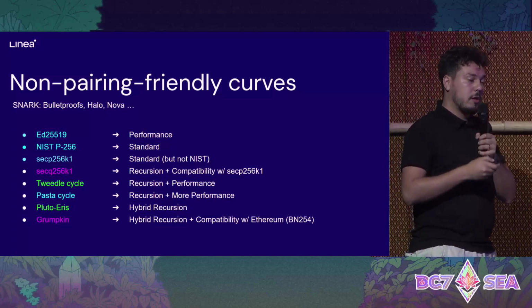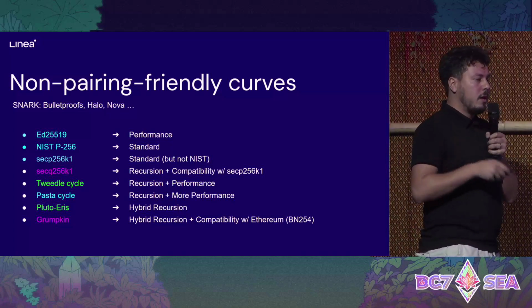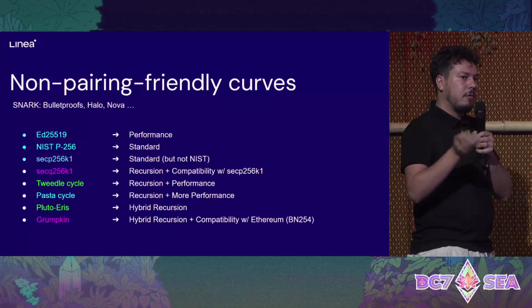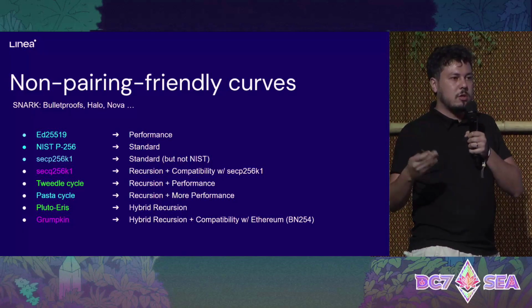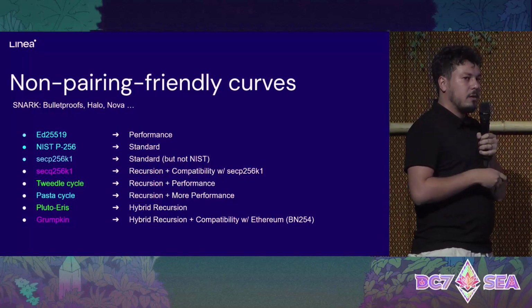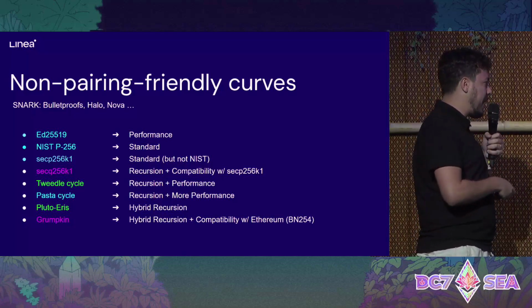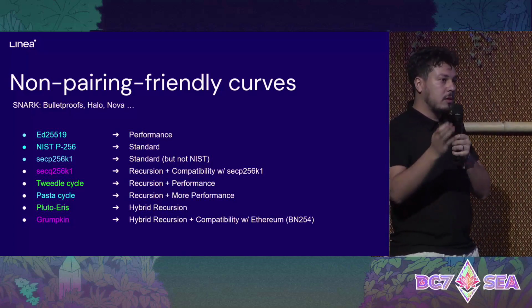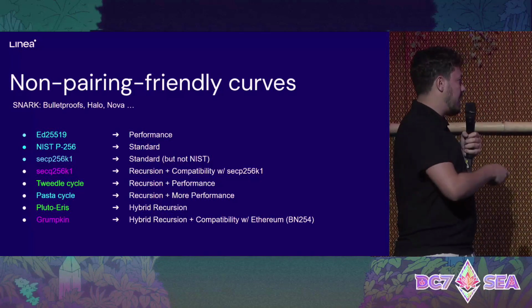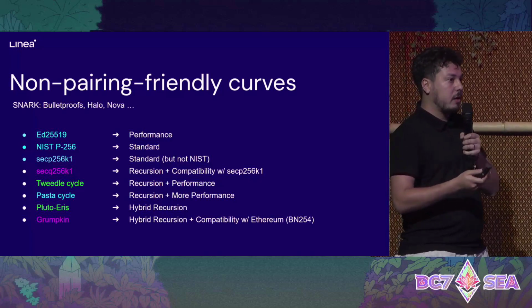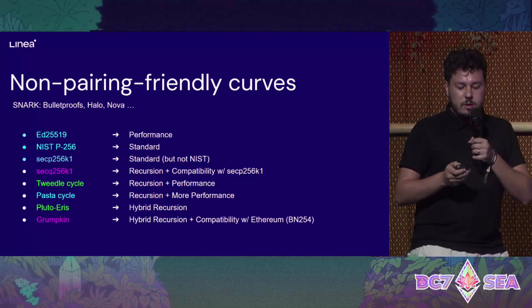If you want recursion, that is, you want to do a proof of a proof, then maybe you can use SECQ if you want compatibility with SECP. If you do not care about compatibility, you just want performance, then Tweedle. If you want more performance, then Pasta. If you want hybrid recursion, that is a SNARK from the first column and a SNARK in the second column, then maybe Pluto-Eris or Grumpkin, BN if you want compatibility with Ethereum.